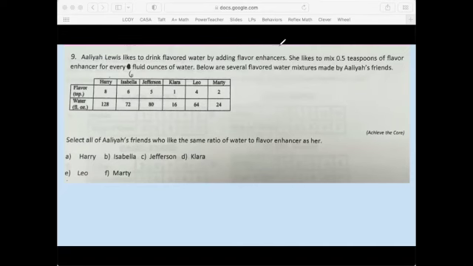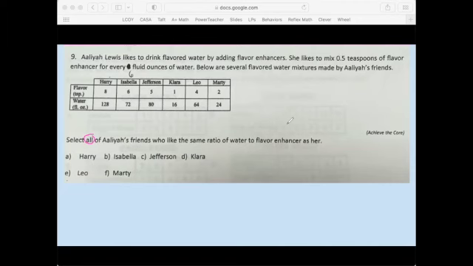She likes to mix half a teaspoon of flavor enhancer for every 6 fluid ounces of water. Below are several flavored water mixtures made by Aaliyah's friends. And that's what this ratio table shows us. Select all. That tells me there'll be more than one answer that I'll be circling probably, of Aaliyah's friends who like the same ratio of water to flavor enhancer as her.